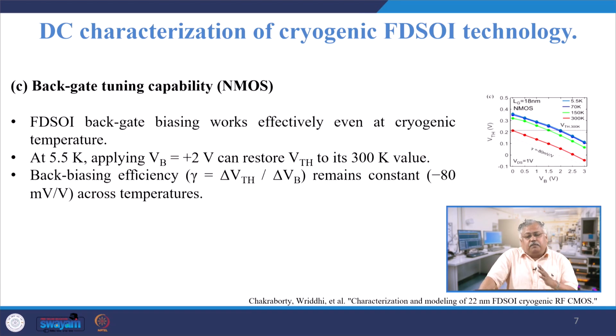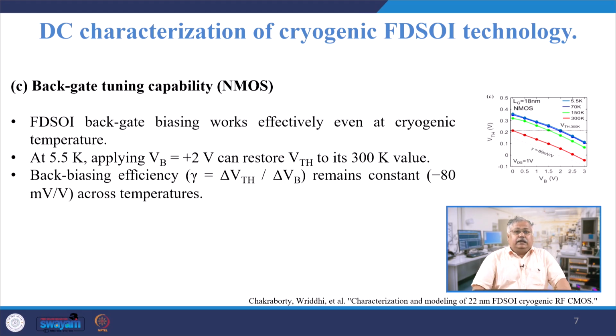Now, if you remember from the very early days of this lecture series, we were looking at the backgate bias, right? Forget about cryogenics: for a simple NMOS device, when you give a backgate bias, the threshold voltage changes, right? You all know this point. This is also referred to as substrate biasing, or VSB or VBS value, right?